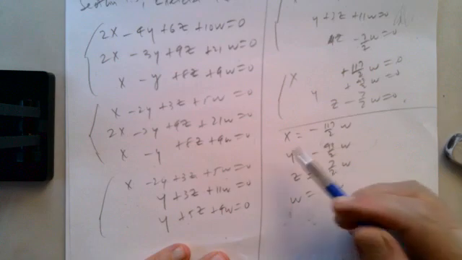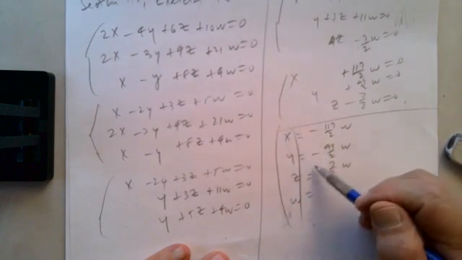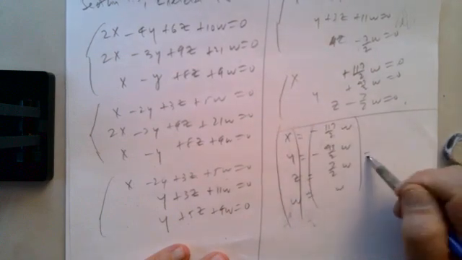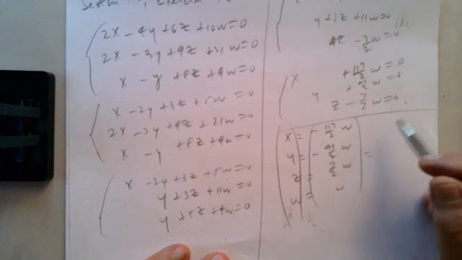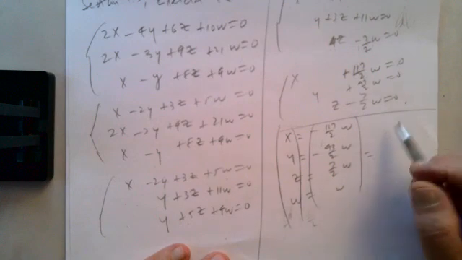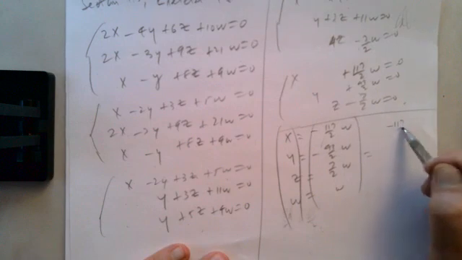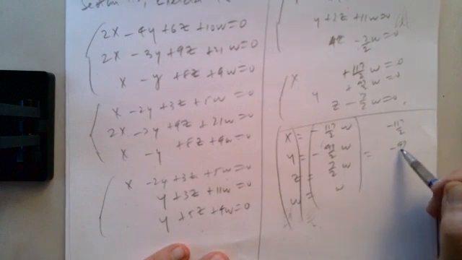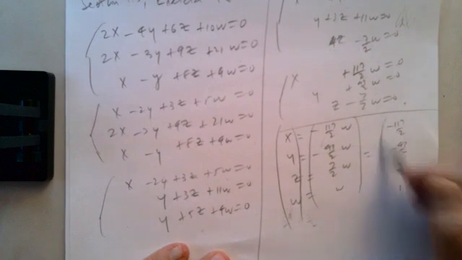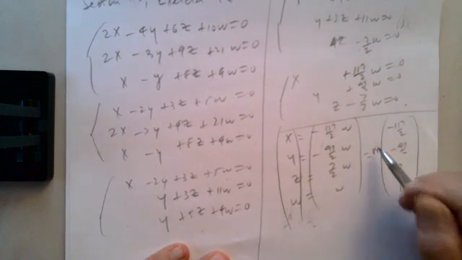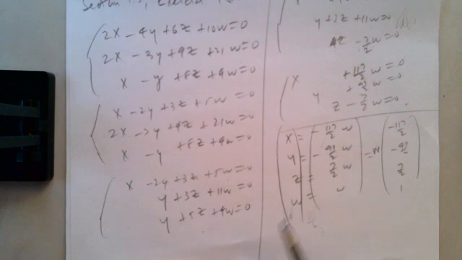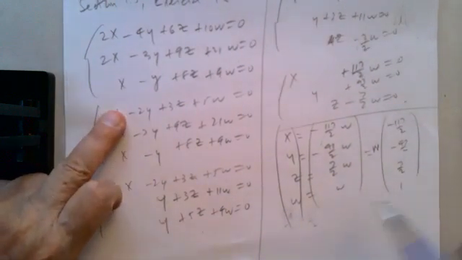So if I write this as a vector, the vector x, y, z is this vector, which is minus 117 over 2, minus 43 over 2, 7 over 2, 1, all times w. So if we're lucky and we plug this into these equations, that's the answer.